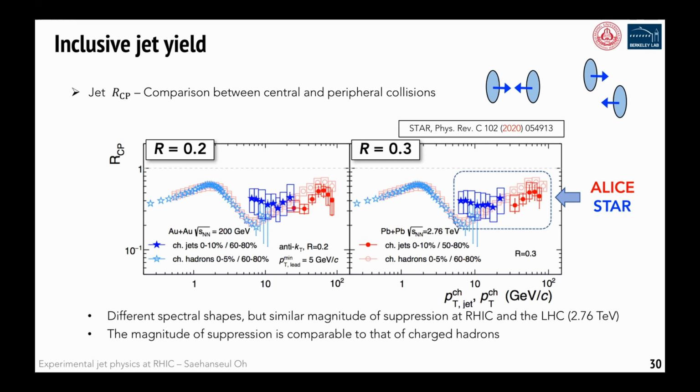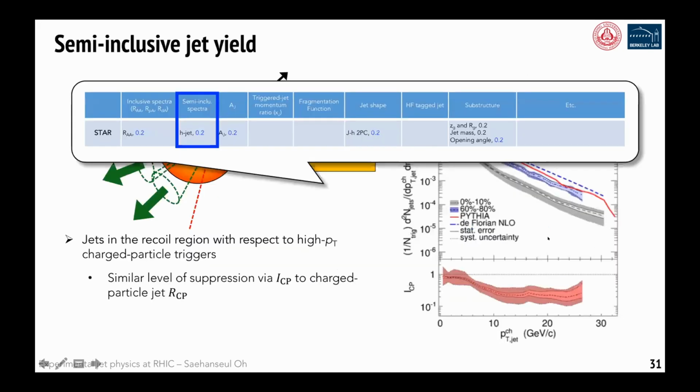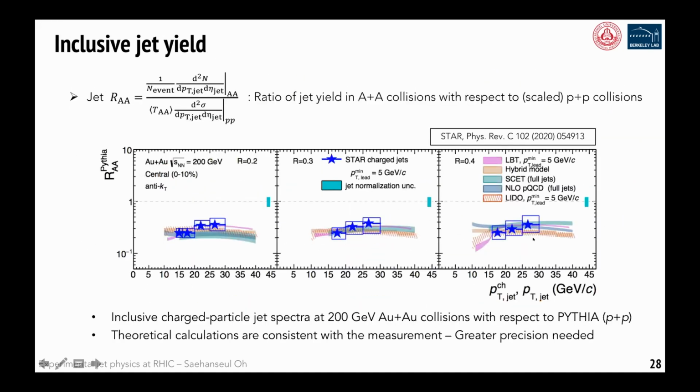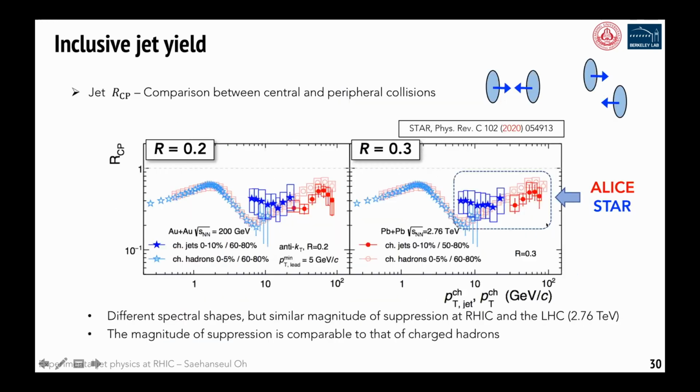So yes, I agree that they are strangely similar, and their level is very similar, and that's what we see. I don't have a solid answer as of now for why we are seeing a very similar level of suppression. The theory calculations are trying to describe 200 GeV and 5 TeV or 2.76 TeV with the same model.